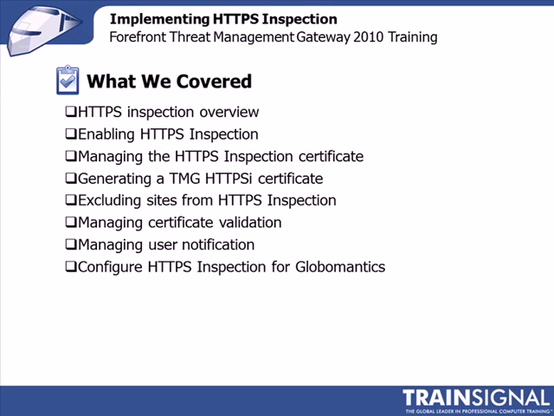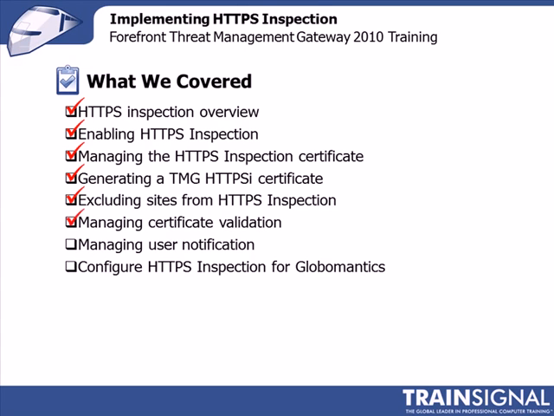In this lesson, we went over what HTTPS inspection can accomplish for the company, and you learned how to enable HTTPS inspection, as well as gain an understanding of how some of the management options you choose will affect the HTTPS inspection certificate. We learned how to generate the HTTPS certificate and how to exclude sites from HTTPS inspection.